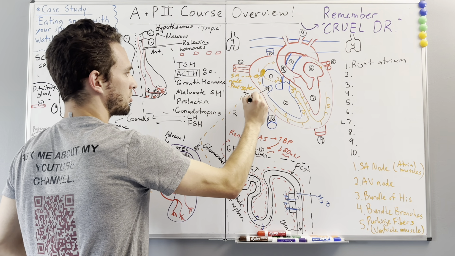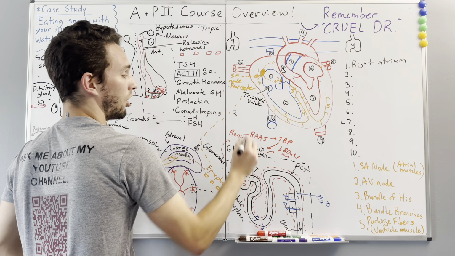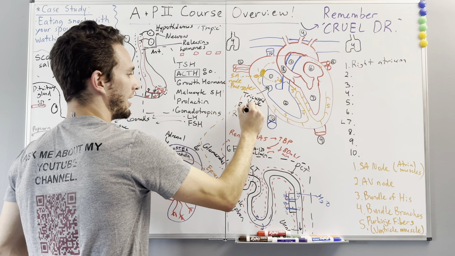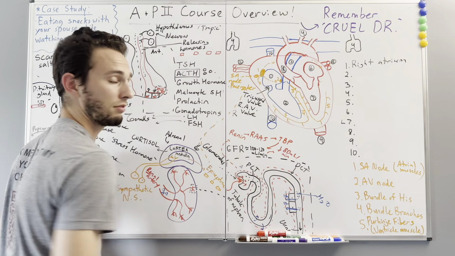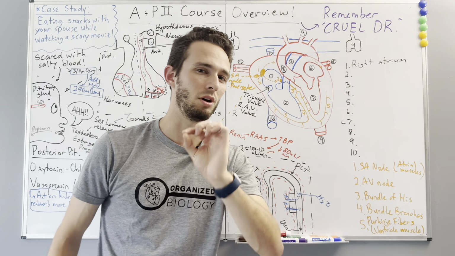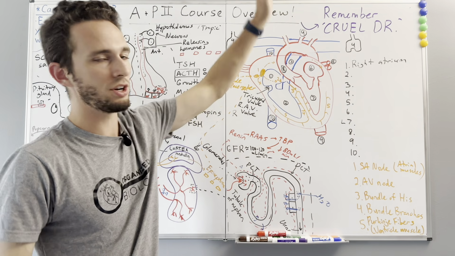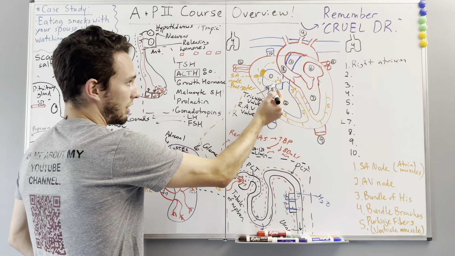One, it could be called the tricuspid valve. It could also be called the right AV valve, right atrial ventricular valve. And the goal of all of these valves that we will see is to prevent the backflow of blood. We want blood to flow in a one-way direction throughout the cardiovascular system. So we pump the blood through that tricuspid valve.